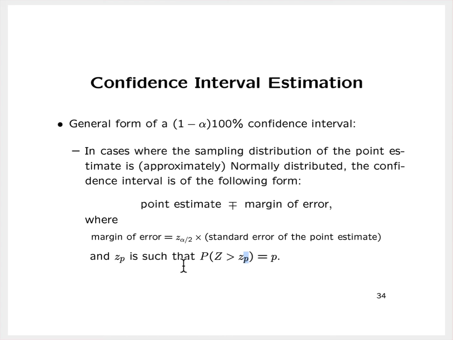And so if we were to think about z sub alpha over 2, that would be the number on the number line such that the probability that the standard normal random variable is greater than z sub alpha over 2 is alpha over 2. So that is how we come up with the interval coefficient, and the margin of error is therefore the product of this interval coefficient, which is obtained from the standard normal table, and the standard error of the point estimate.